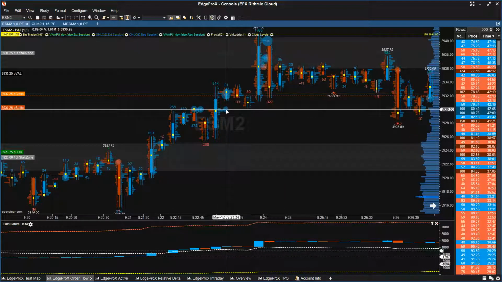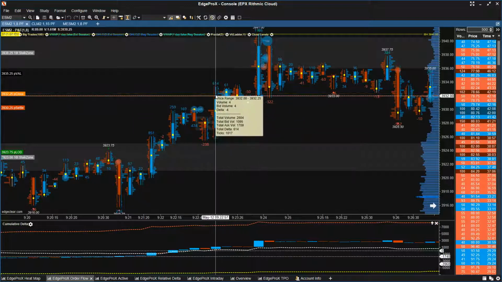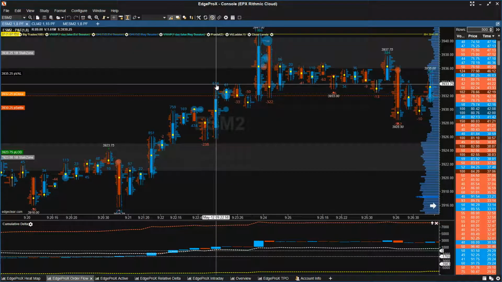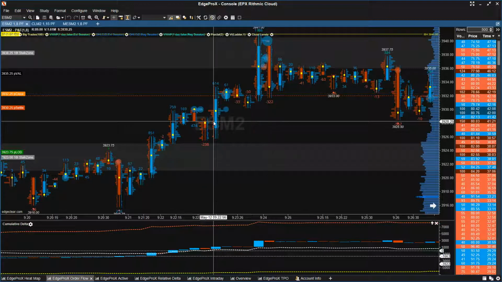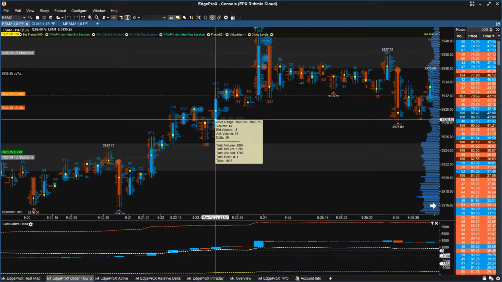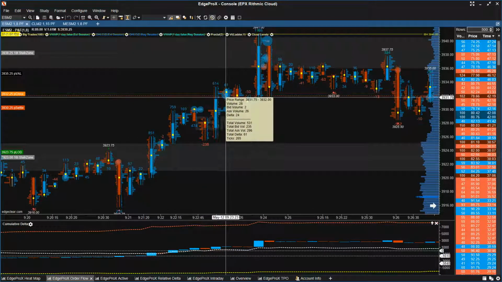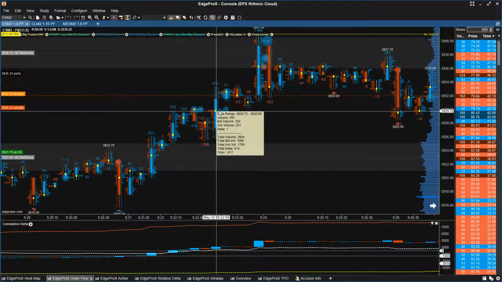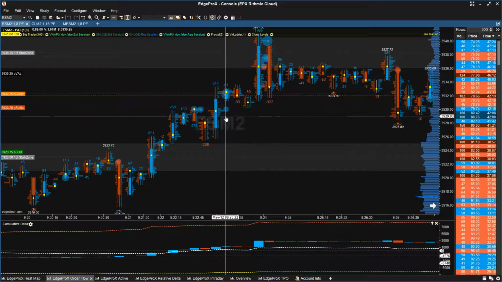So sometimes you get a dot outside of this. It's because it happened between the time of this footprint chart of a PNF 1/8 and this, and it just tells you about where it happened in terms of time and price.